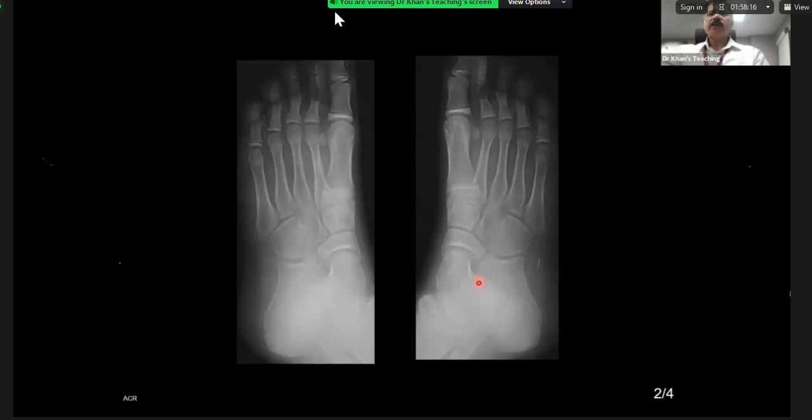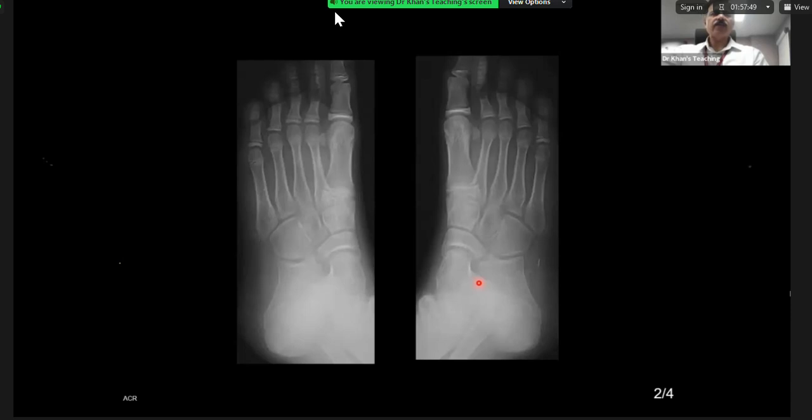And the subtalar one can be seen on an axial view. You know the DP view of the calcaneum. So I'll show you a case. These views are very important for you to remember. I repeat, calcaneonavicular, oblique; subtalar, axial view. And this is what they are expecting you to pick up.